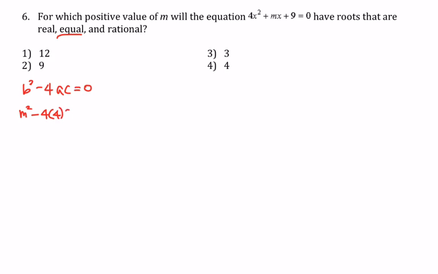A is equal to 4, and then c is equal to 9. Then you can see that m squared minus 144 is equal to 0, so m must be plus or minus 12. But they said it was a positive number, so we end up looking at 12 only, which is choice 1.